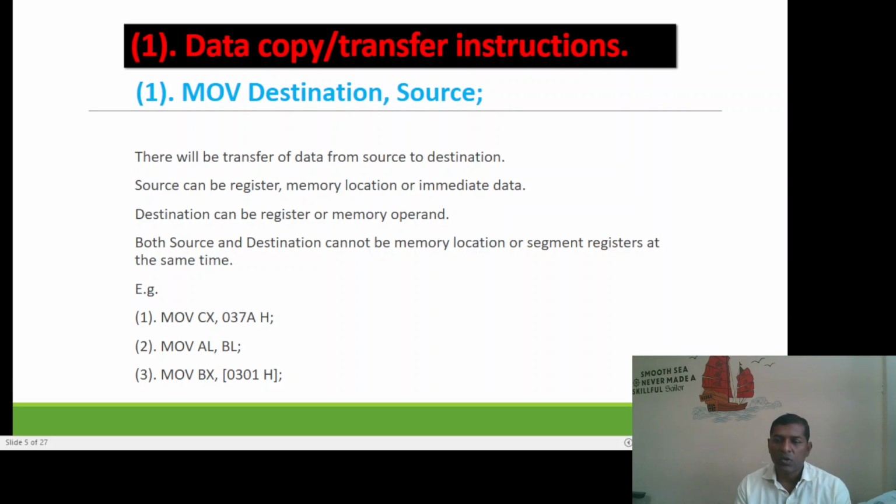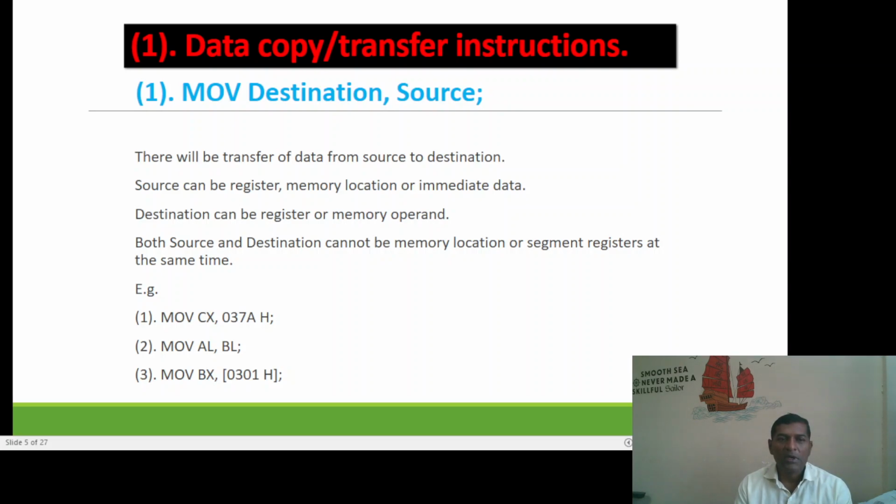Destination and source are the two things on which the move instruction will operate. There will be a transfer of data from source to destination. This is the meaning of move source to destination, which is written as MOV destination, source.